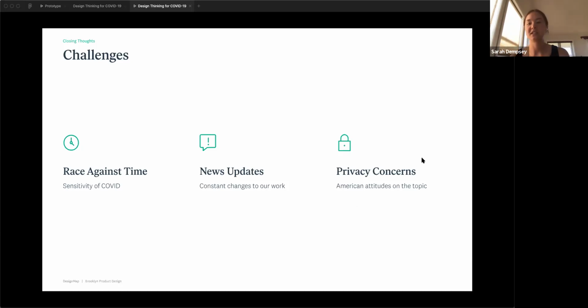And then also just American attitudes about digital contact tracing was a big barrier, and the whole reason why this report actually even existed, because in some countries with more authoritarian style governments, they're able to mandate this type of surveillance that isn't possible here in the US.